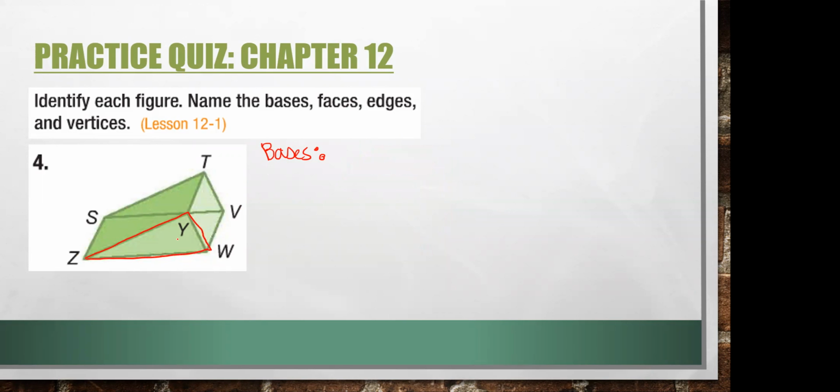So one of the bases is going to be STV. Oh, that's this one back here. STV. So this one has two bases. And then the other base is this front one, ZYW. Okay, so those are the bases, okay?